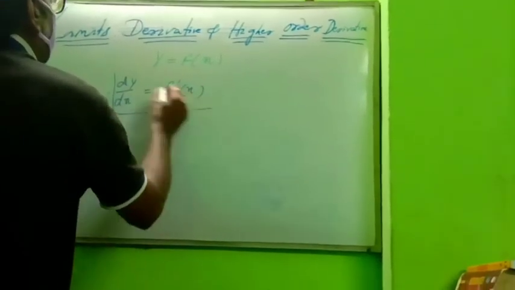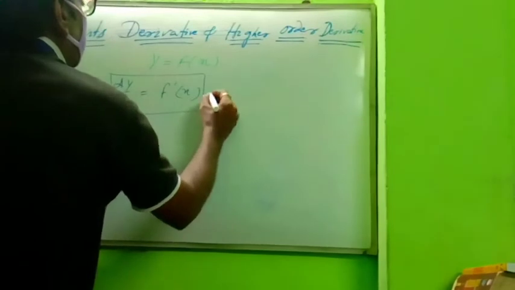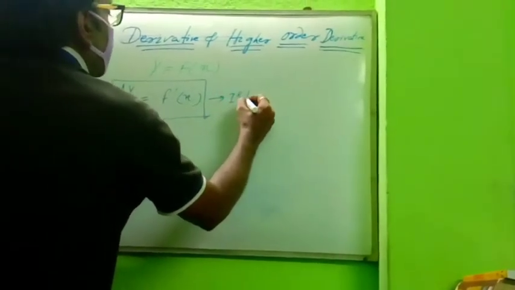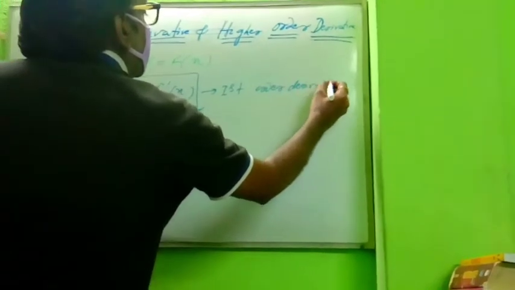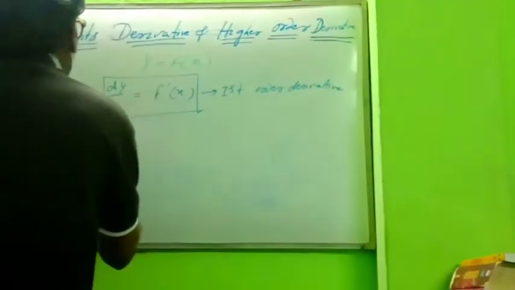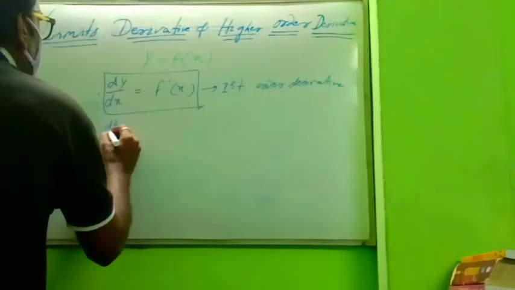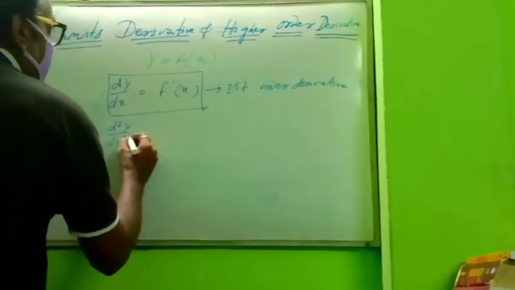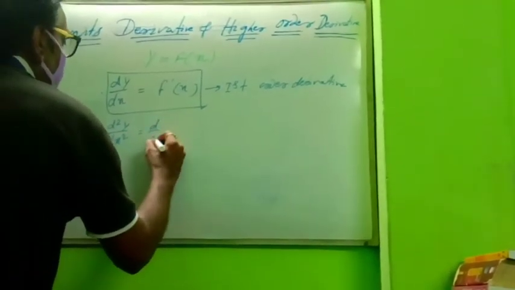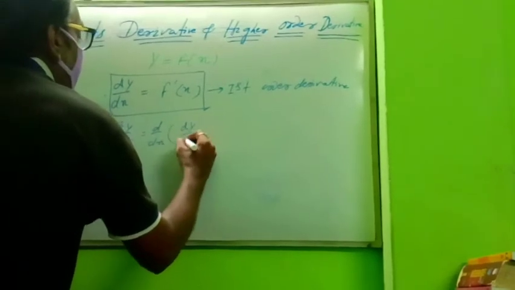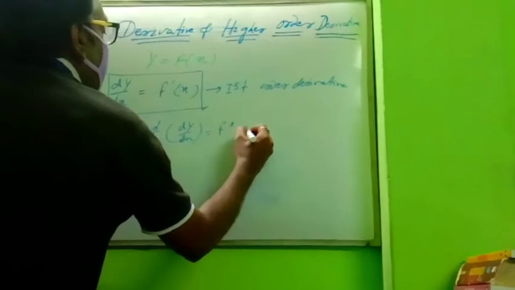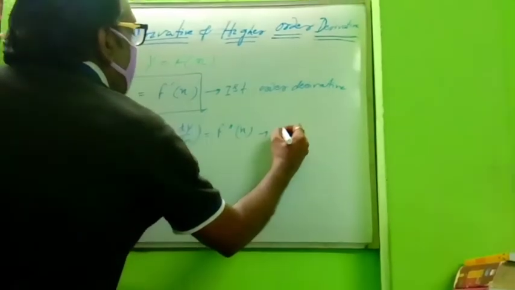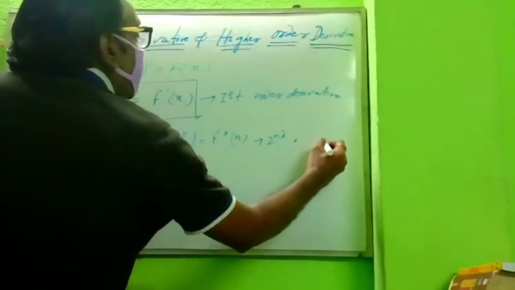This is called first order derivative. Is it clear? Same process, d square y by dx square. This is second order, meaning d by dx of dy by dx, which is equal to f double dash x. This is called second order derivative.